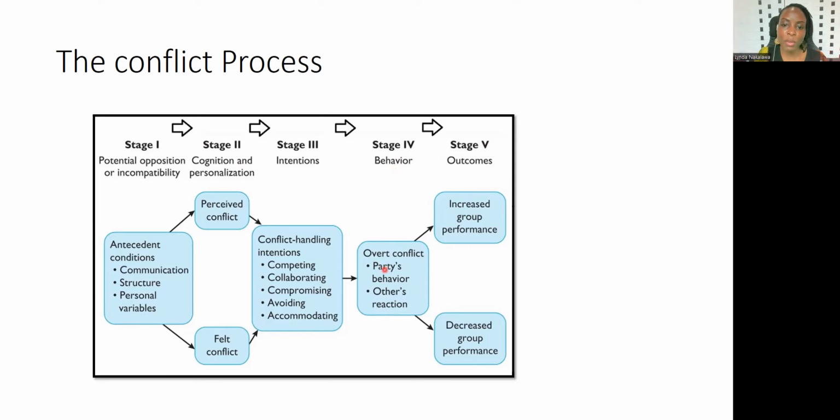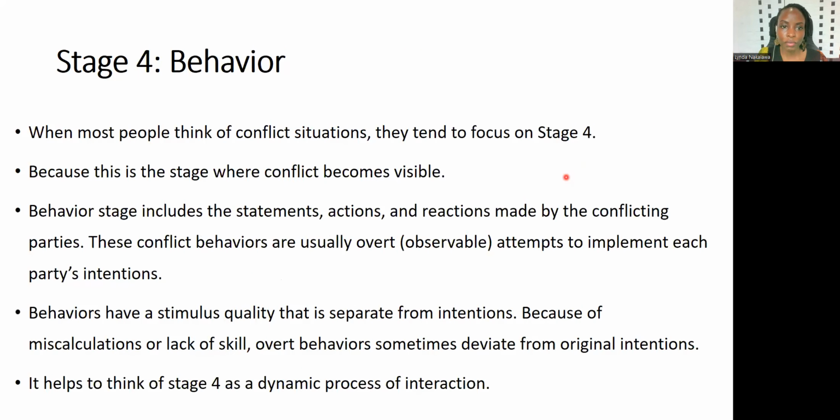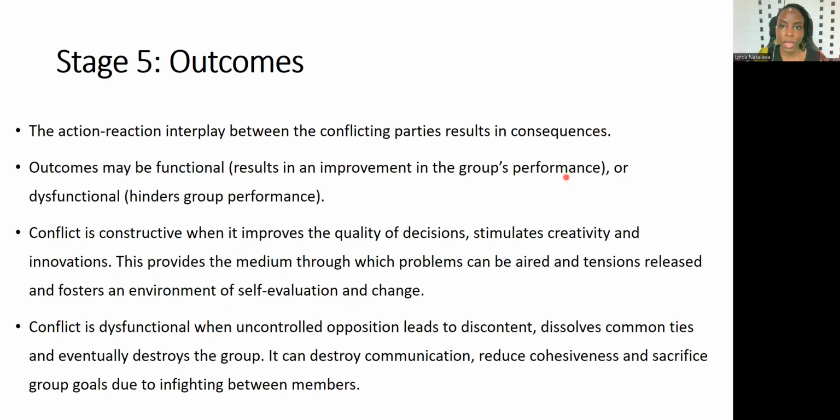And we are saying that most people, when they think about conflict, they think about the overt behavior. Let's look at stage 5, which has increased group performance or decreased group performance. These are the outcomes. So the action and reaction interplay between the conflicting parties results in consequences.